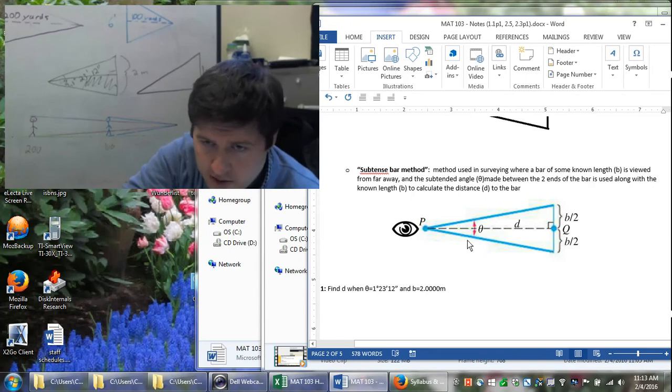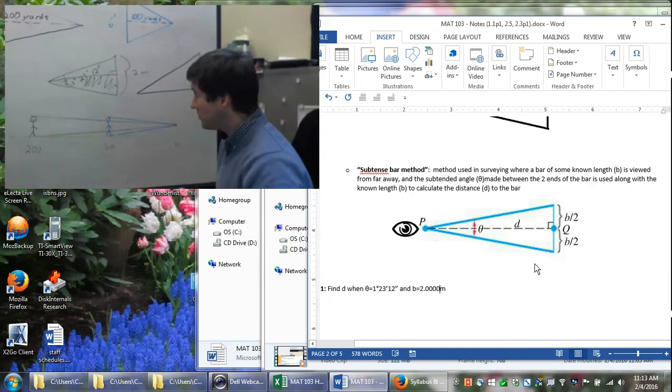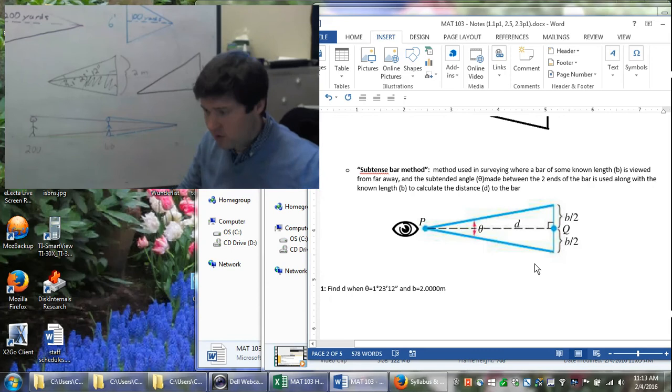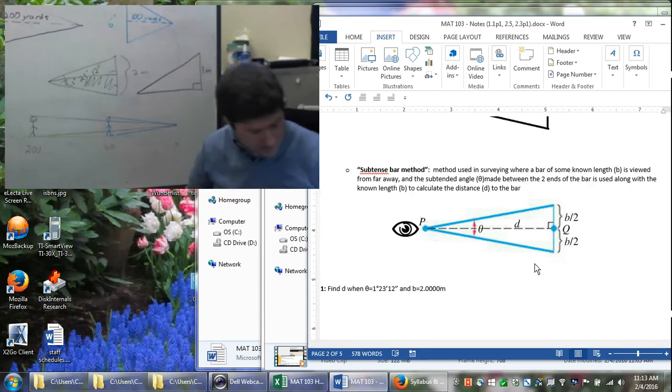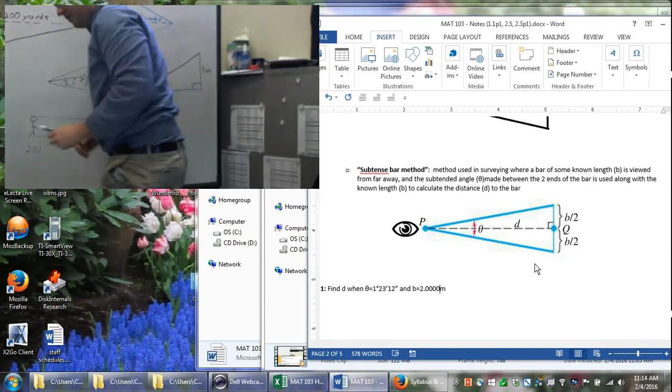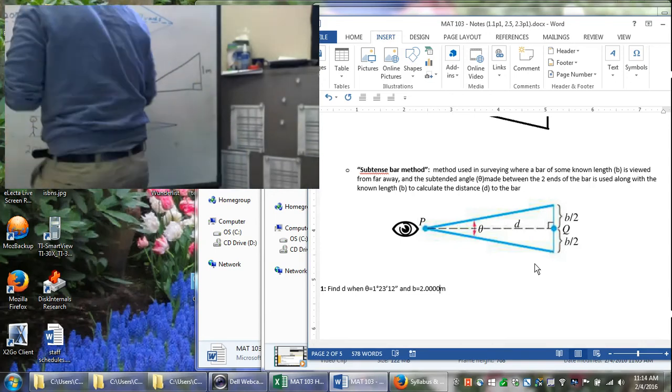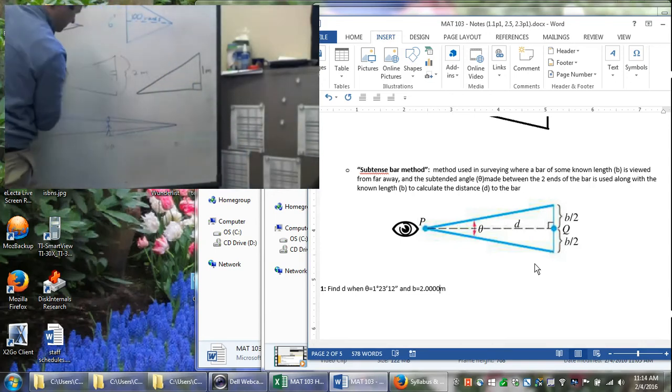All right, so let me redraw this a little bit. So what I've done is I've taken just this top triangle here and kind of redrawn that, because we only need half of this thing.